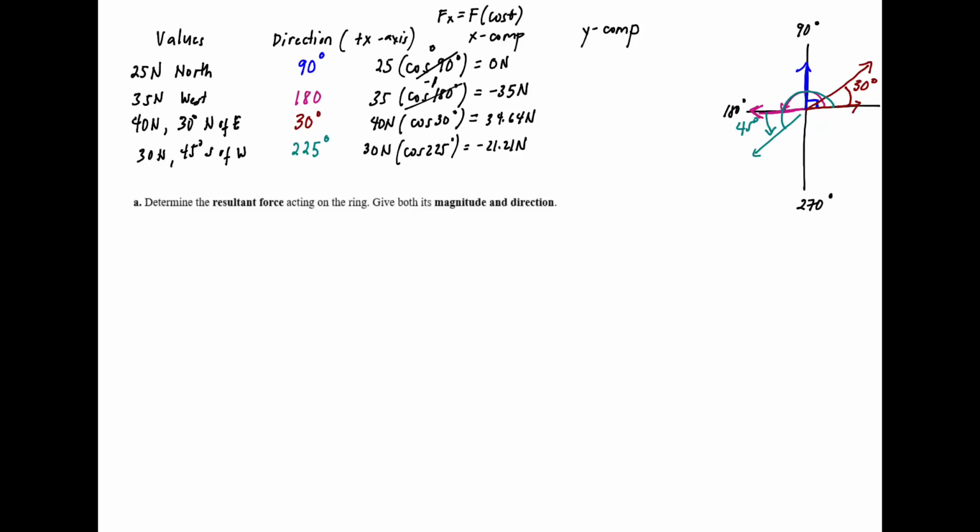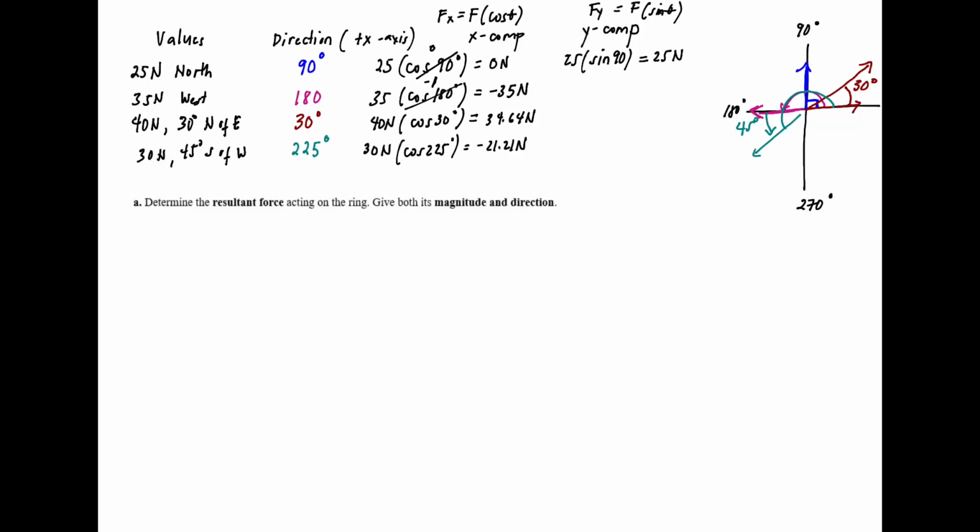For the y component, we will use the sine function. So for the first one, we're gonna have 25 multiplied to the sine of 90 degree. And sine of 90 is 1, that is 25 Newton.